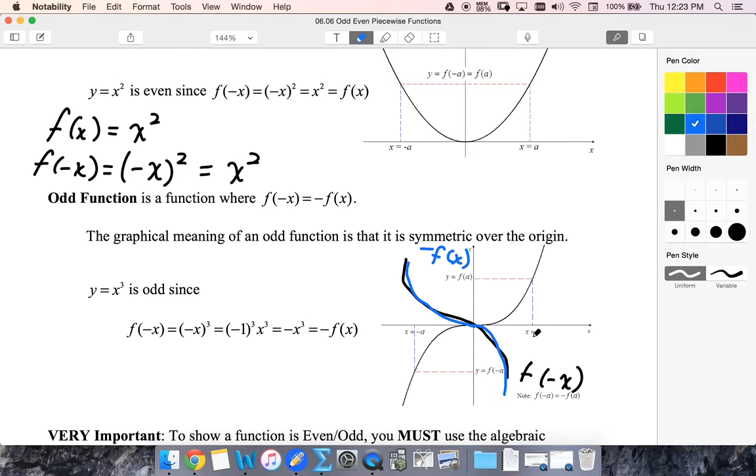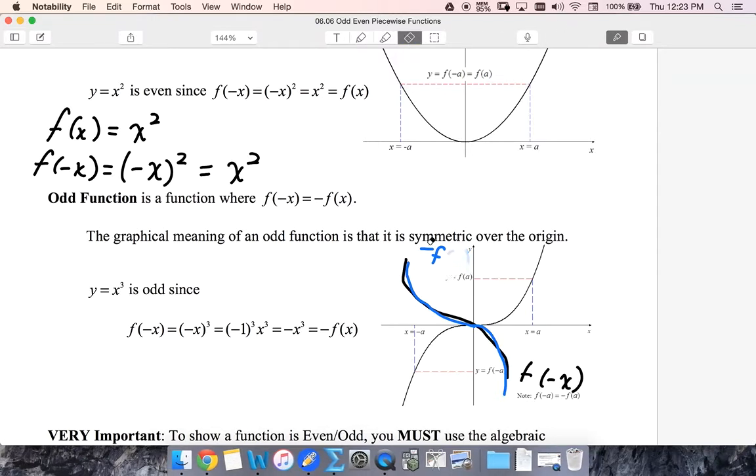So what this is showing here, if x is equal to a, this is f of a, and then we have x equal to negative a, and the y value is f of negative a. So f of negative a is equal to negative f of a. Here's the f of a value, here's the f of negative a value, but if I flipped this over, I would get the same thing, and this drawing is really terrible.